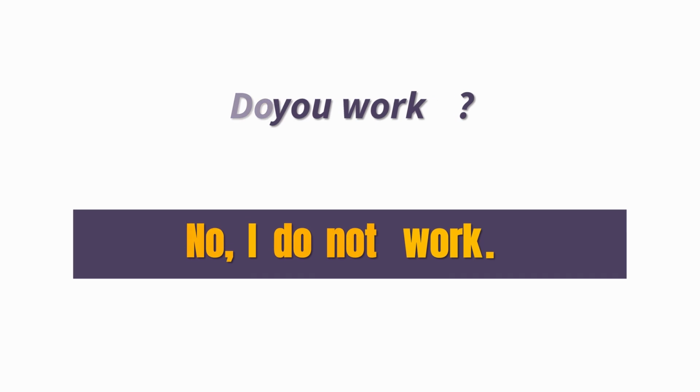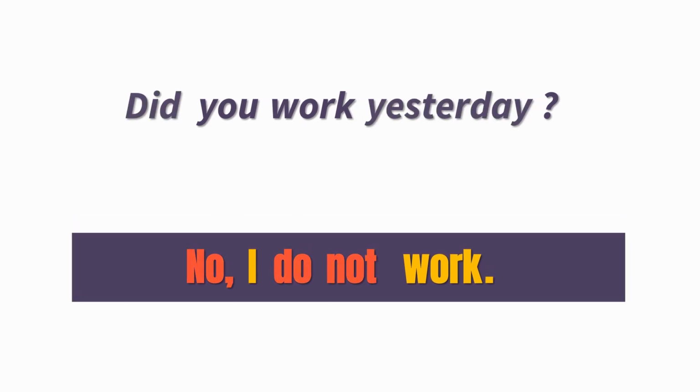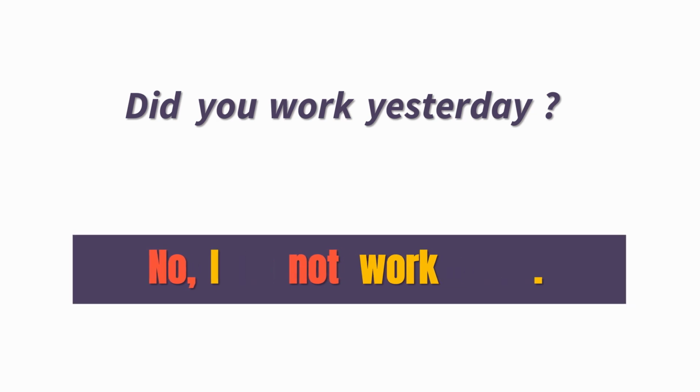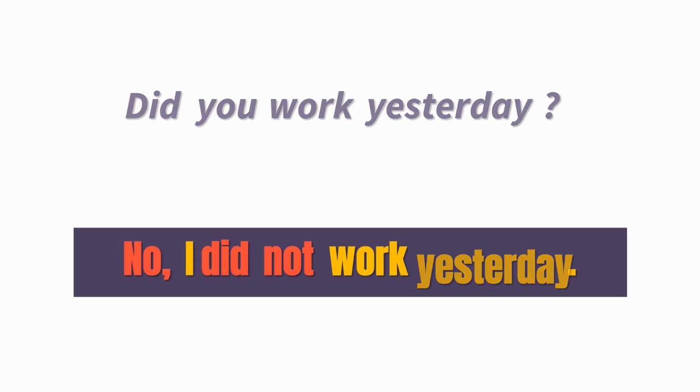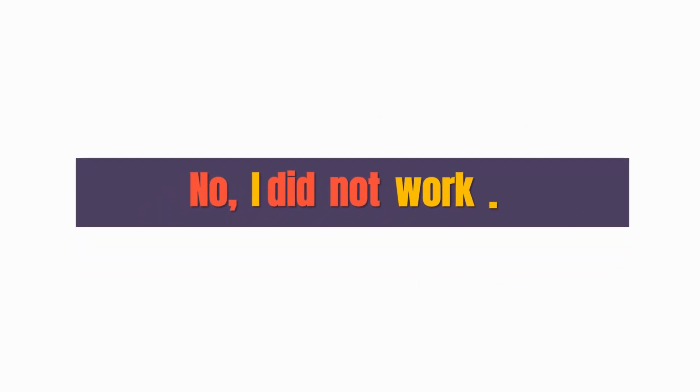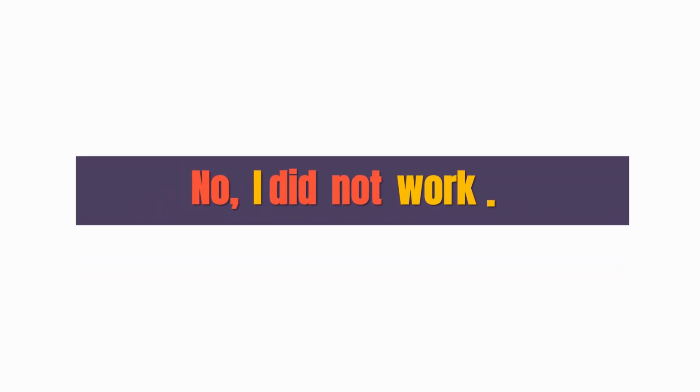Now imagine the question is not "Do you work?" but "Did you work yesterday?" In English, it's almost identical to the last case. So the answer is "No, I did not work yesterday." Let's make it shorter for better understanding. "No, I did not."